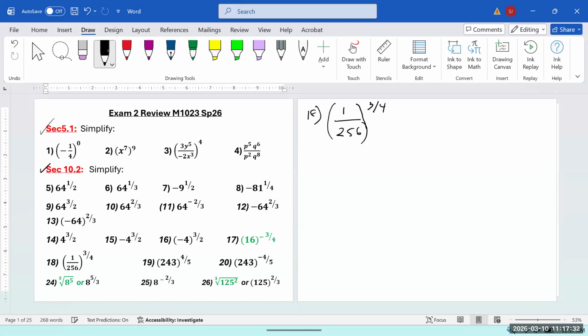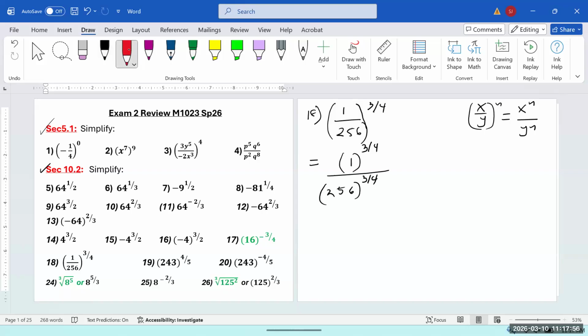Now we are going to apply the power rule. The first power rule says if you have a division with the same power, what do we do? We distribute. So x over y to the n becomes x to the n over y to the n. We apply this rule and we get 1 to the power 3/4 and then 256 to the power 3/4.